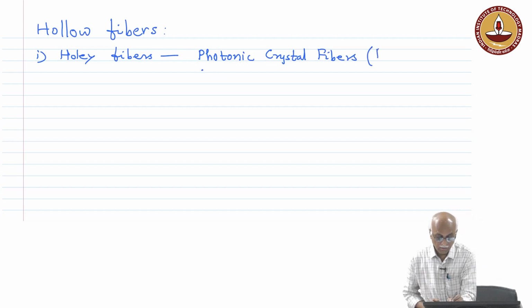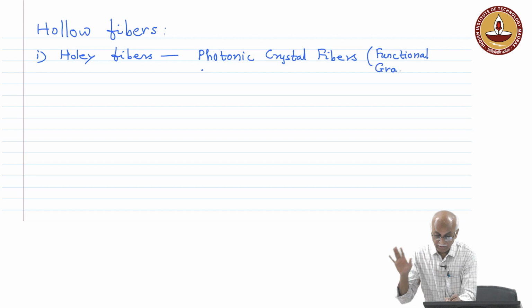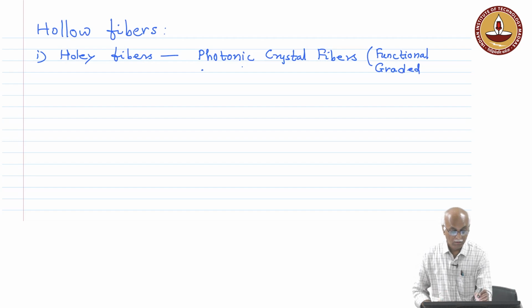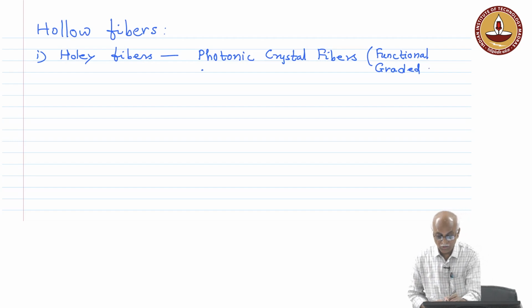They are functionally graded materials, and that means the refractive index is spatially controlled in such a way that we end up with a fiber within which light can be trapped either in the core, or it can also transmit through the cladding region.